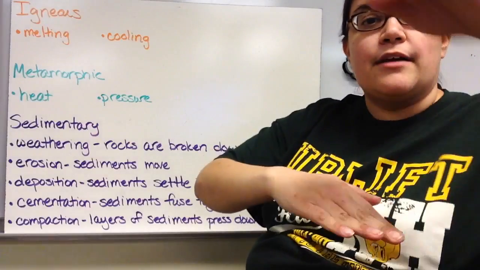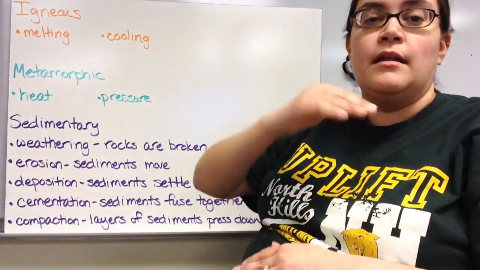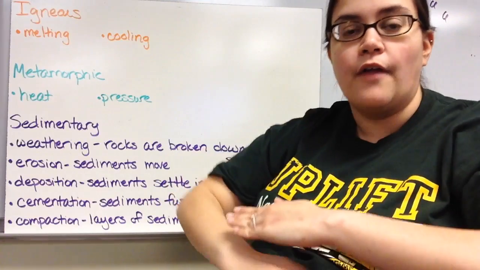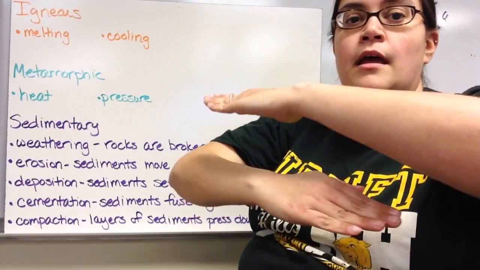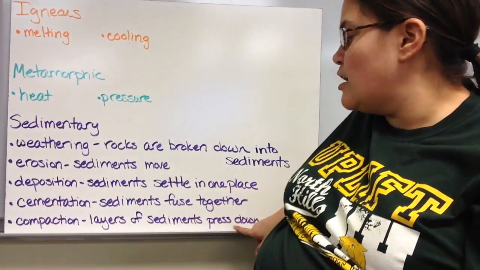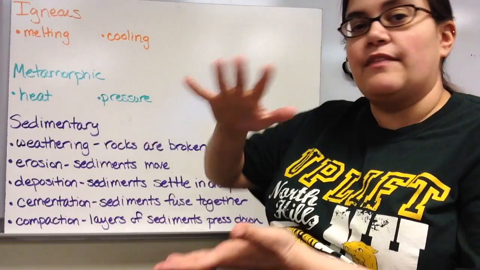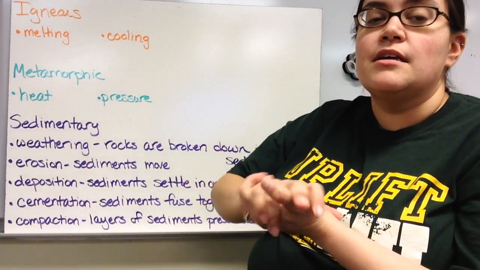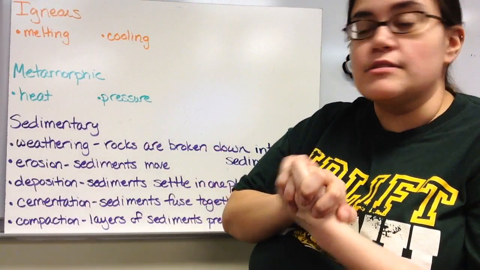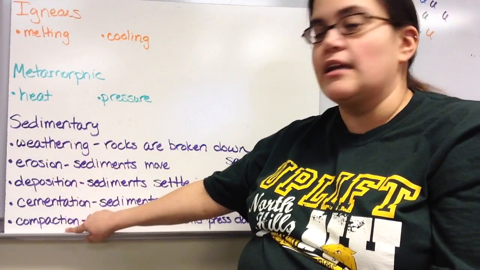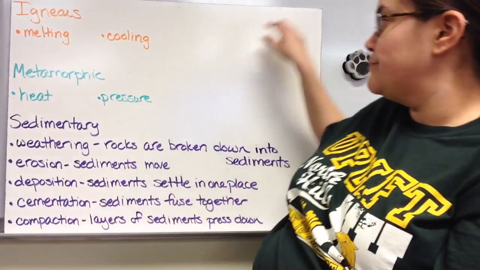So remember the layers upon layers upon layers. Those layers push down on the older layers. And so there's this compaction where the layers of sediments press down on each other and they form into rocks. So sedimentary rocks have several steps: weathering, erosion, deposition, cementation, and then compaction.